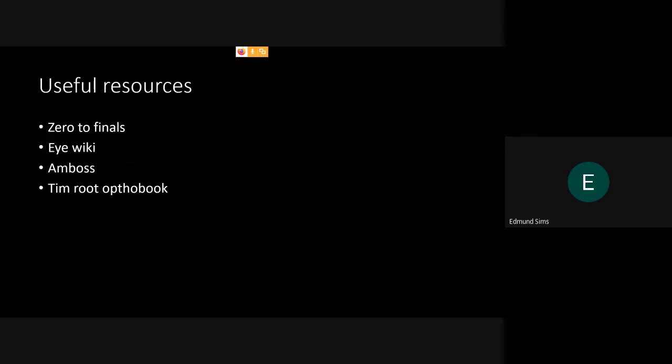You can literally just type in any condition, it doesn't have to be ophthalmology exclusive, and then type in Amboss afterwards into Google, and then it will give you some really good notes on it. And then Tim Root's Opthabook is also really handy. Yeah, a lot of it's paid for, but you can actually read the book itself online for free on his website. Any questions at all?